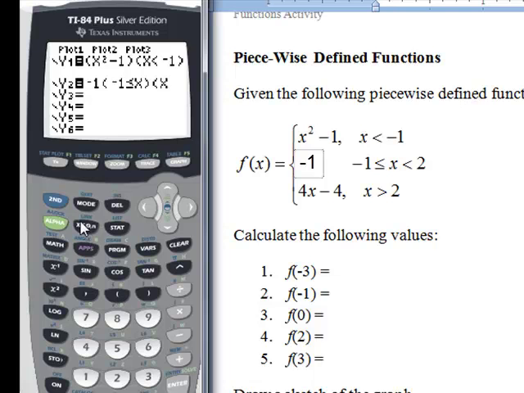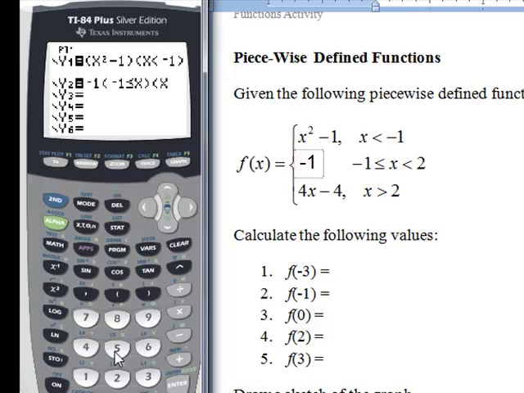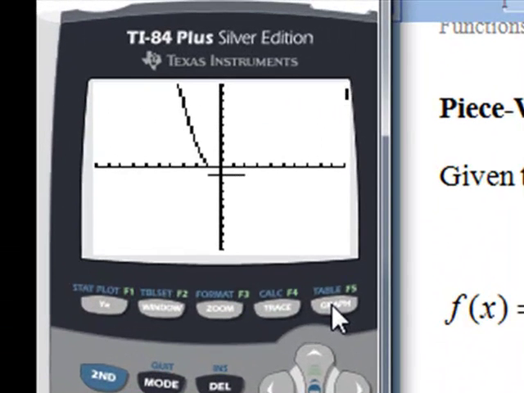So x, 2nd TEST, strictly less than is number 5, 2. Let's take a look at our graph now. And there, it put in the line. Again, the reason I did that is so you could see the graph, because once we put it at 0, it'll be right on the x-axis and you won't be able to see it.